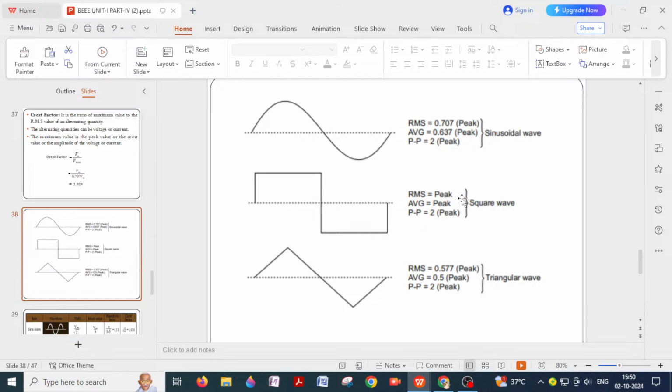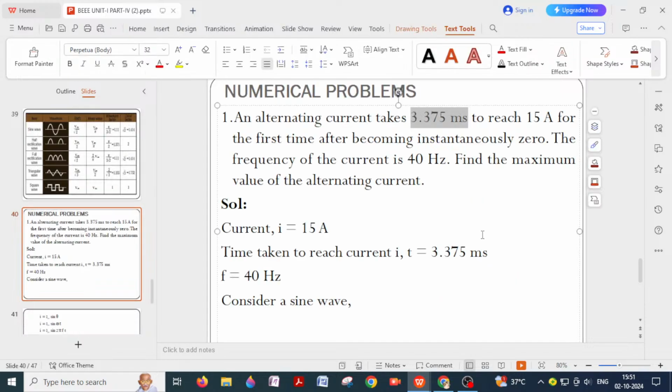An alternating current takes 3.375 milliseconds to reach 15 amperes for the first time after becoming instantaneous zero.